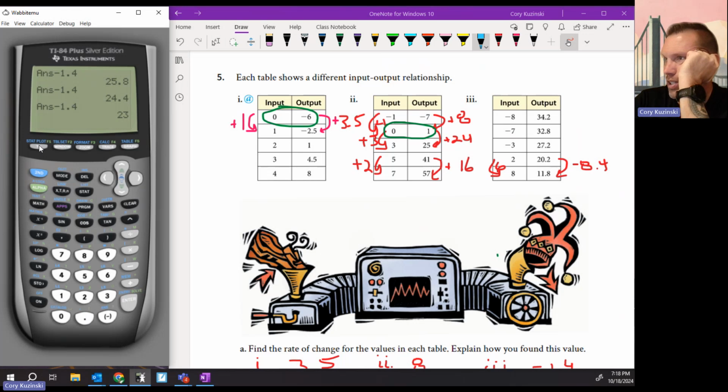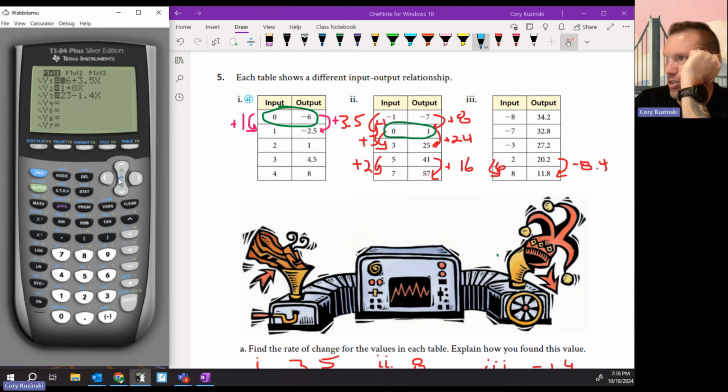Should be 23 minus 1.4. Oh, I know what... I'm stumped.